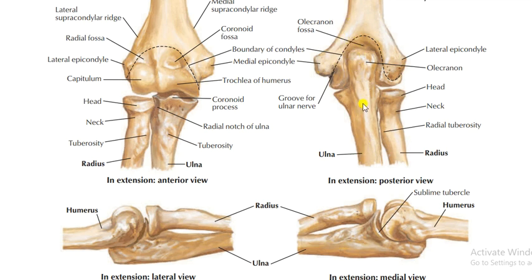When the elbow is fully extended or straightened, the olecranon articulates with the olecranon fossa. This is the coronoid fossa, and this is the radial fossa here. When the elbow is fully flexed, the head of the radius will articulate with the radial fossa.